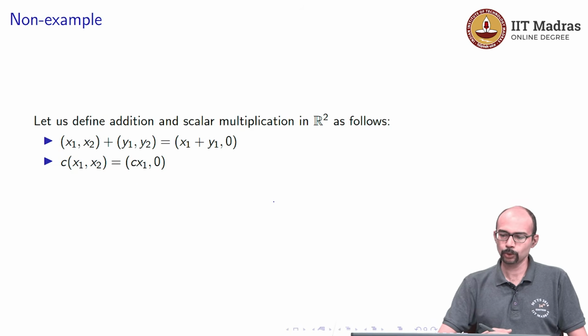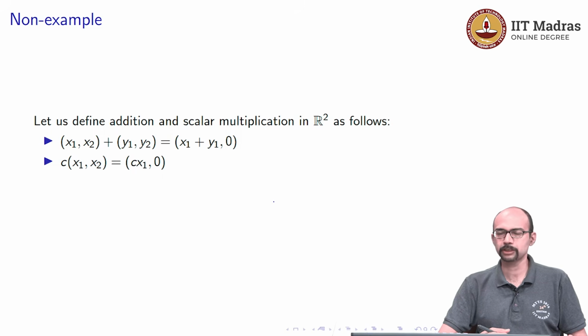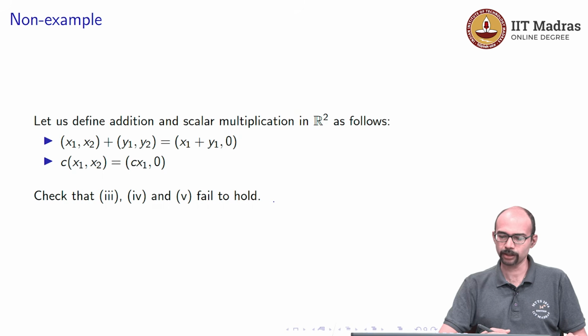Okay. So let us do another example. So this time let us define it as (x1, x2) plus (y1, y2) is (x1 plus y1, 0), and c times (x1, x2) is (c times x1, 0). Okay, and this time I maybe won't do the checking. So what fails? Check that the third, fourth and fifth axioms fail.